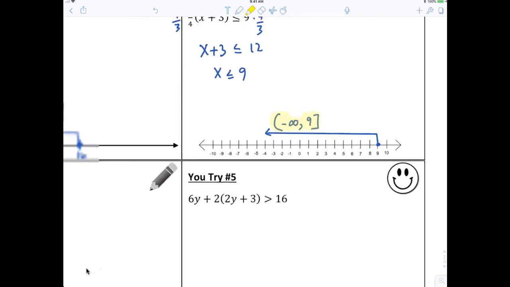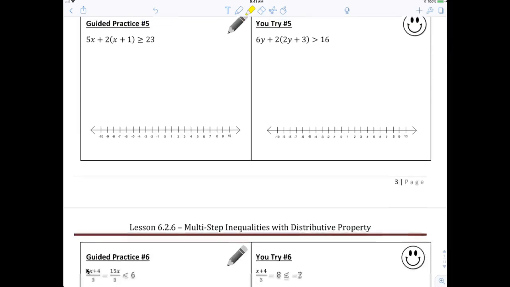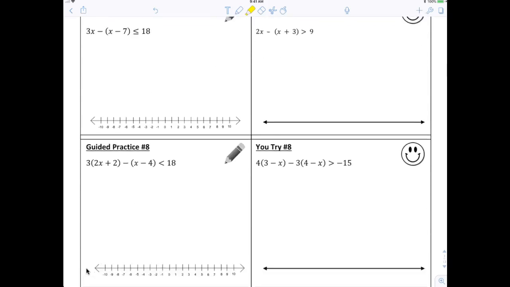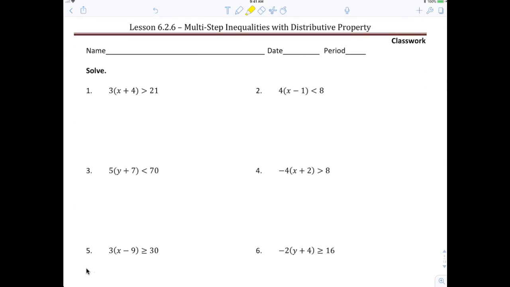So now, here's what we're going to do. We're going to finish this up on Monday. I'm going to work through as much as I can on Monday. For those of you who are, listen to me. Your parents, seriously, I get emails all the time now, they're concerned about you. So I'm trying to give you extra practice.